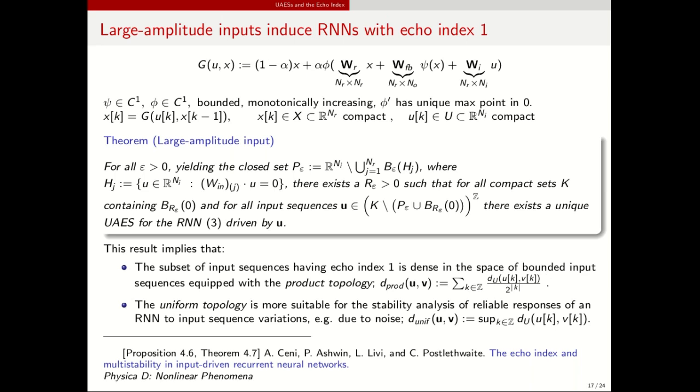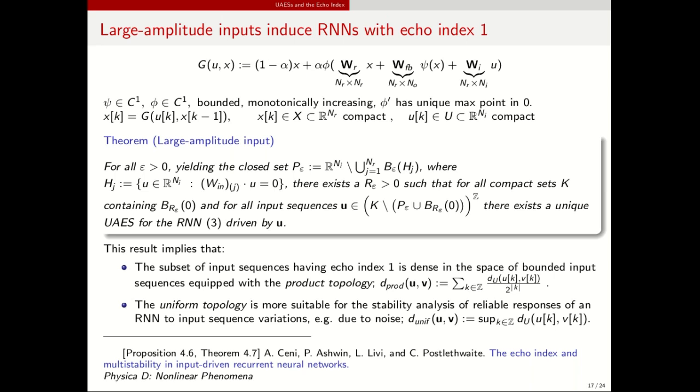That's because as you can see, this average is weighted with the power of 2, which is depending on the time k. So two extremely different input signals in the past will be very close to each other in the topology induced by this metric.